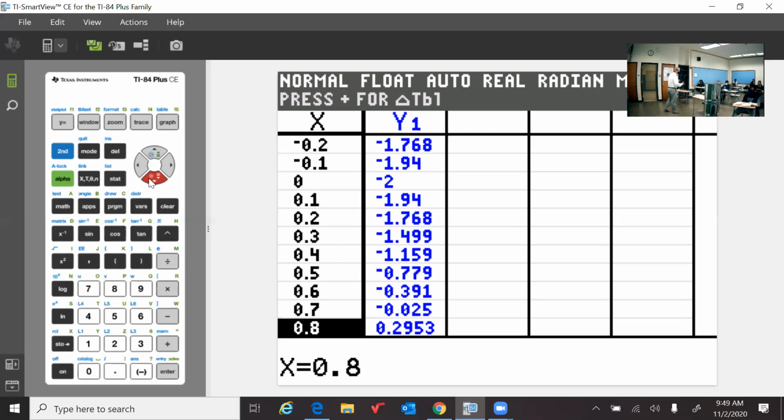Make sense? This graph is not going to change concavity again. Fundamental theorem of algebra. There's no more zeros. There's no other chance for this graph to change concavity.